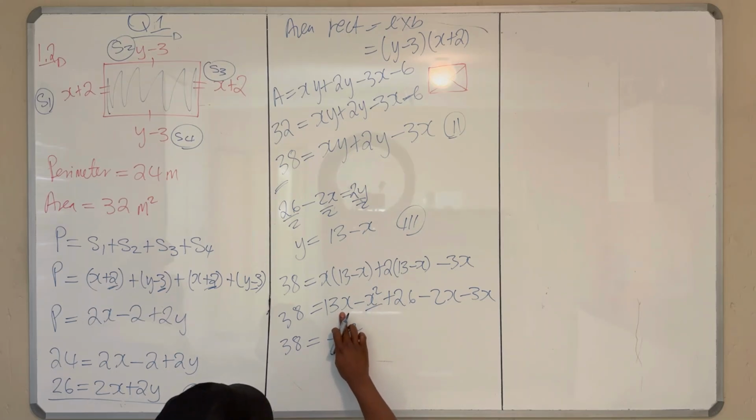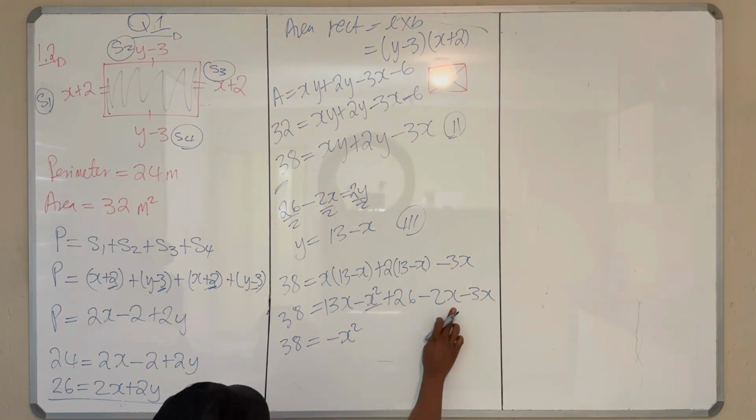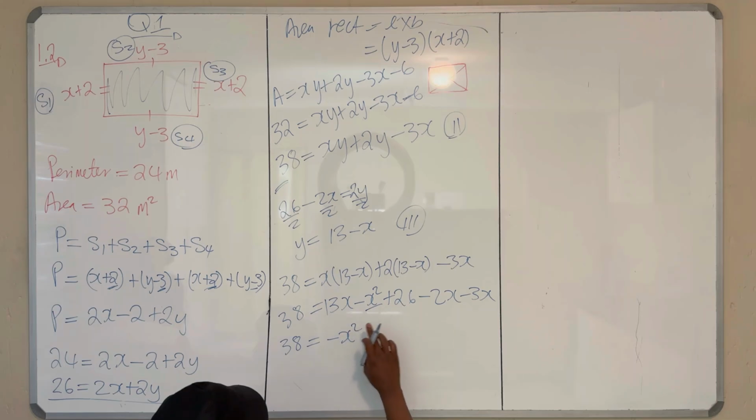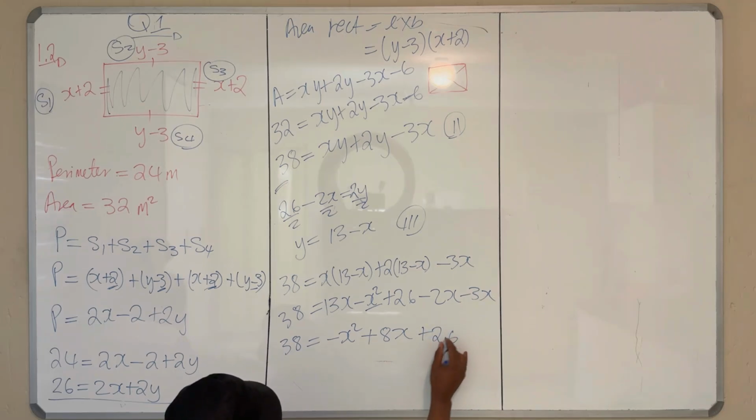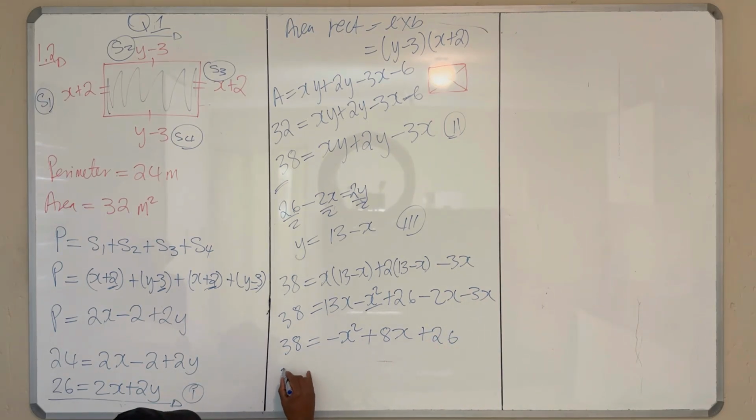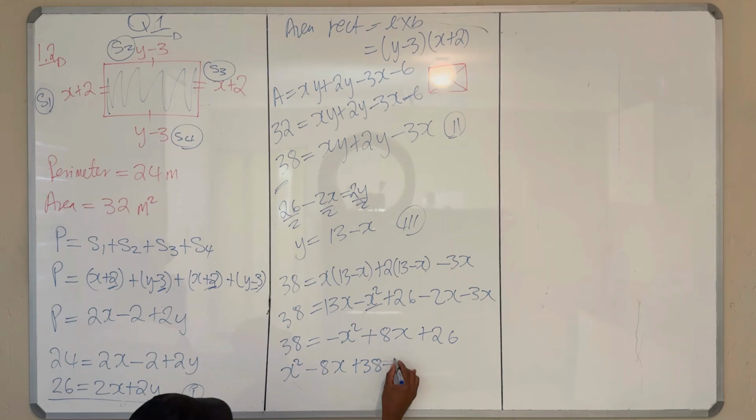So this and that and this, it's going to be something like plus 8x, because 13 minus 3 is going to be 10x, then minus 2 is going to be 8x, right? And then plus 26. Let's take this to the other side, push it to the left hand side. So we have x squared minus 8x plus 38 minus 26 equals 0.